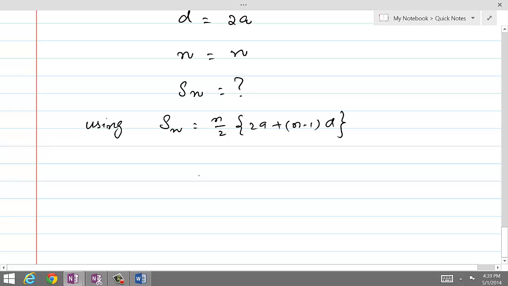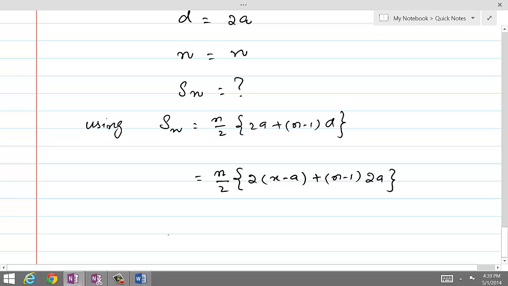Let's substitute the values. This will be n by 2 into 2 times a. The first term is x minus a. Therefore, it will be x minus a plus n minus 1 times d. And d here is 2a.